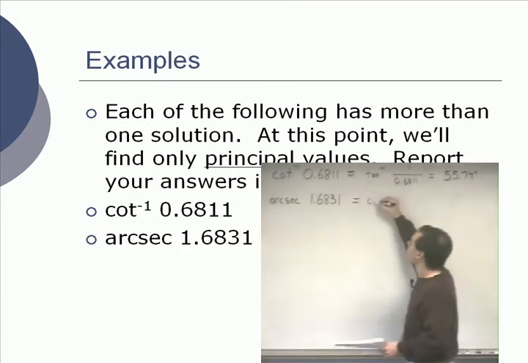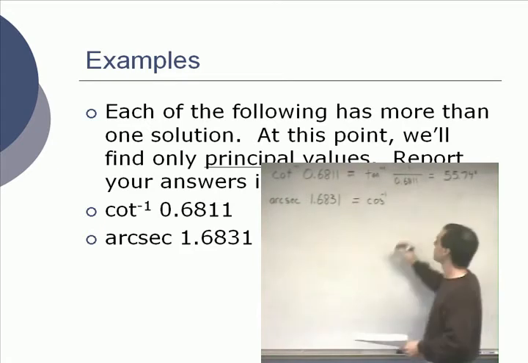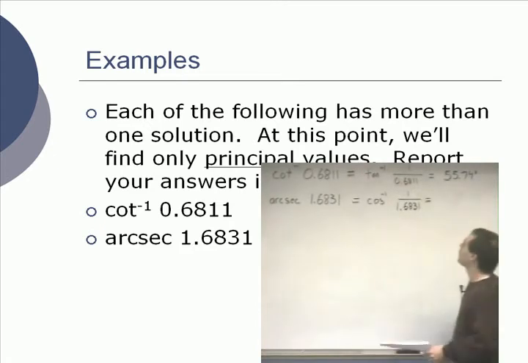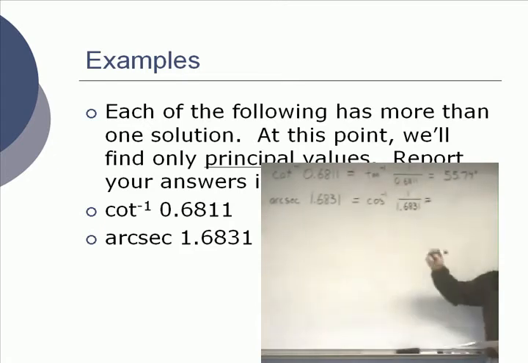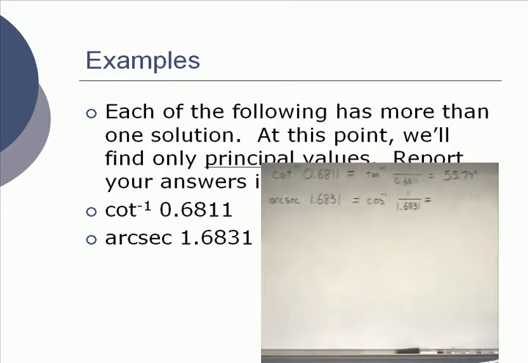We want arc cosine, so I'm going to write it like that. That's the same as arc cosine of? So 1.6831 here, again, you can save yourself a few keystrokes on the calculator if you use your reciprocal button. Type 1.6831 inverse, and then hit the inverse cosine.